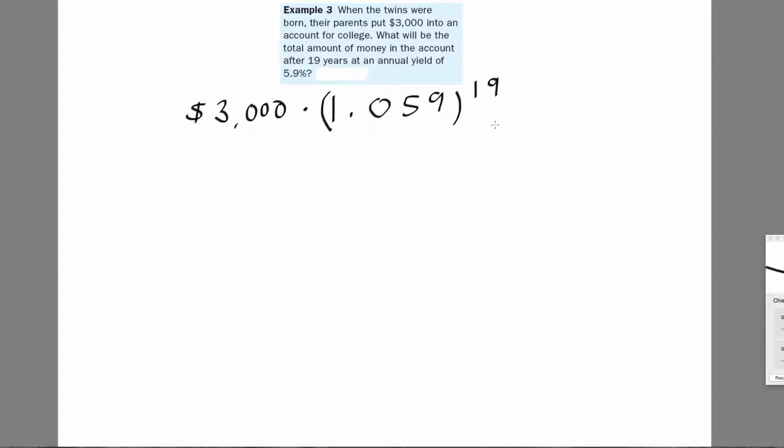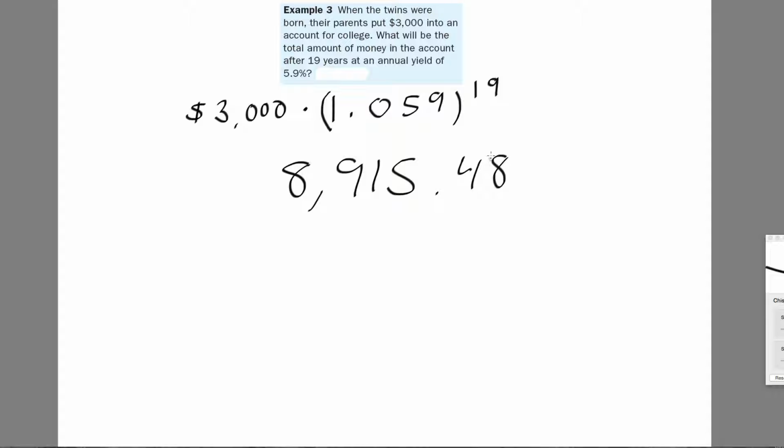I have a chance to take a look at it and see what kind of improvement I will get on my finances for letting it sit for 19 years. So we've got 3,000 times, and I'm going to put parentheses on this, 1.059 raised to the 19th power, and that gives me, as a result of hanging on to this money, $8,915.48, or 0.47521.